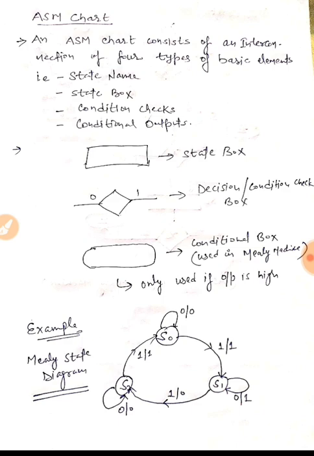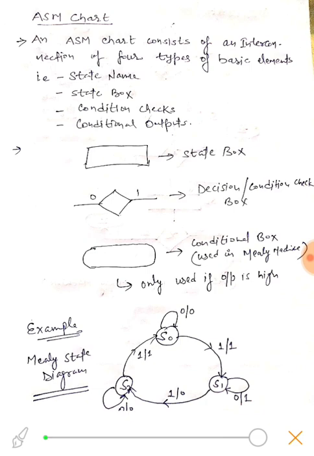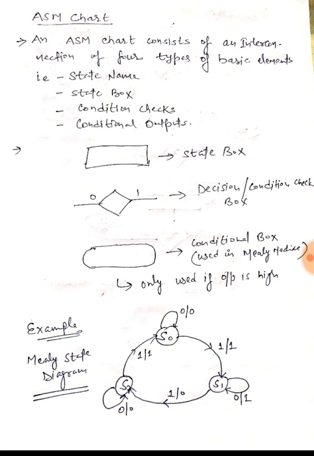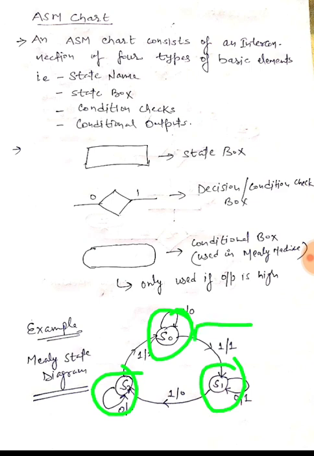So let's see how we can convert it into an ASM chart. Here we have with us a state diagram of a Mealy machine. Here we have 3 states: S0, S1 and S2. So the system moves to S1 if the input is 1 and the output is high. Then S1 moves to S2 if the input is 1 and the output is 0.